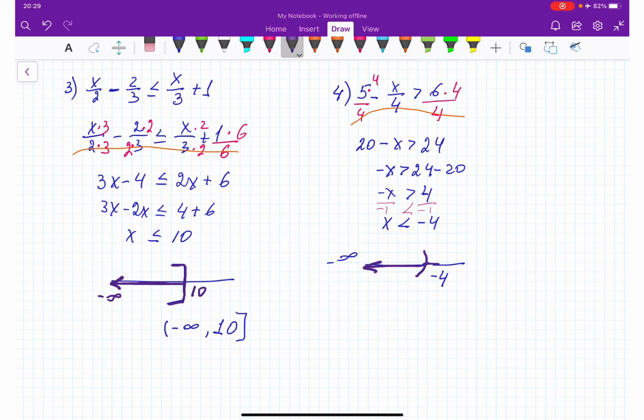In interval notation, the smallest number comes first, and then the bigger number. Question number 5.